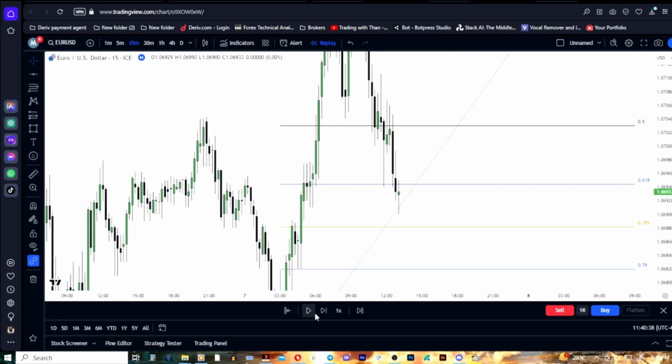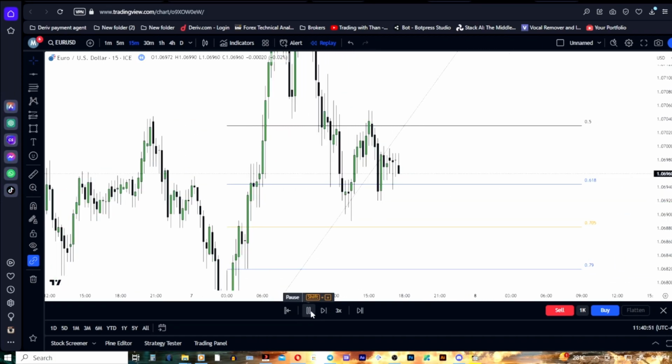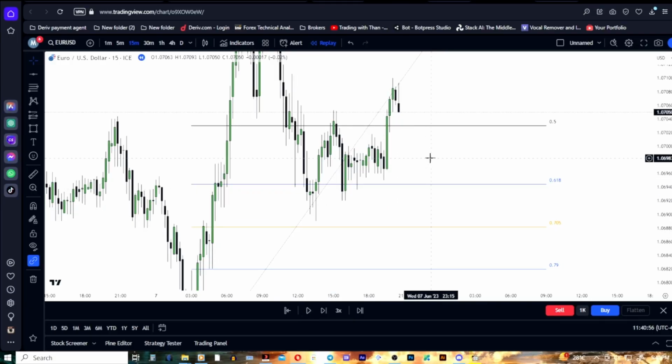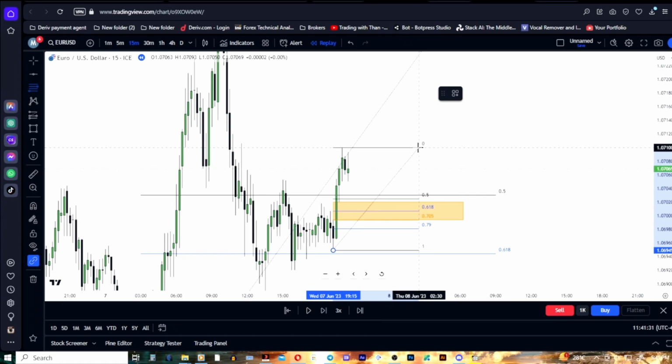All right, now that we're on the 15-minute, we now wait for a displacement in price. And then we get a nice displacement there, which produced a fair value gap down here. So now what you do, you take your fib and you anchor it from the low to the high.